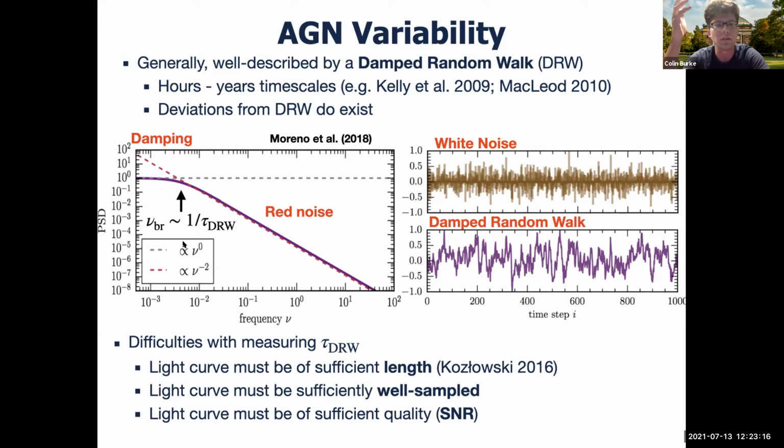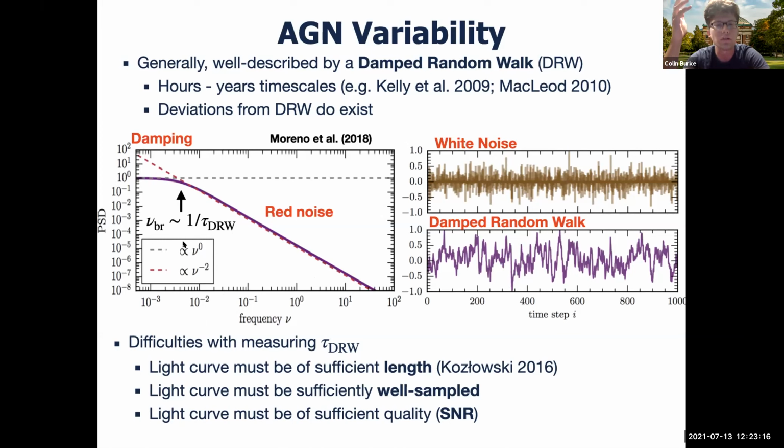And then the light curve must be well sampled enough. So if you're trying to measure a time scale of 100 days, you need a cadence or sampling of at least 100 days or better in order to measure that. And then also very important is the light curve must be of sufficient quality, and that basically means the signal to noise or the amplitude of the variability should be sufficient that the damped random walk model is reliable.